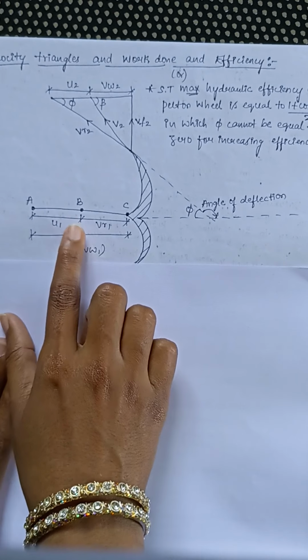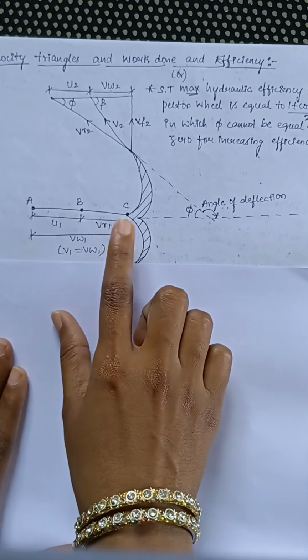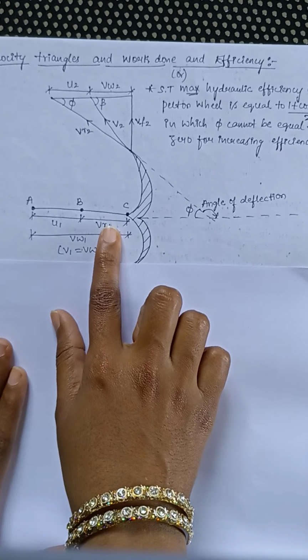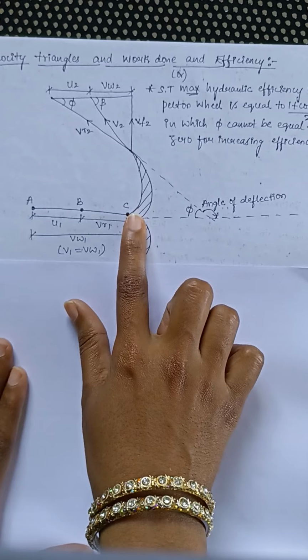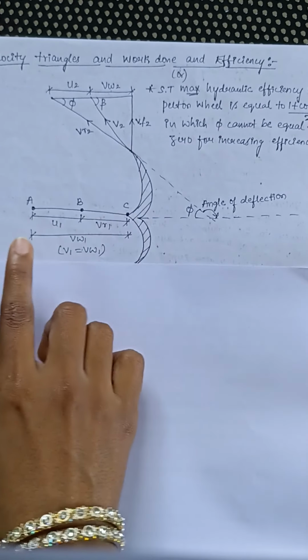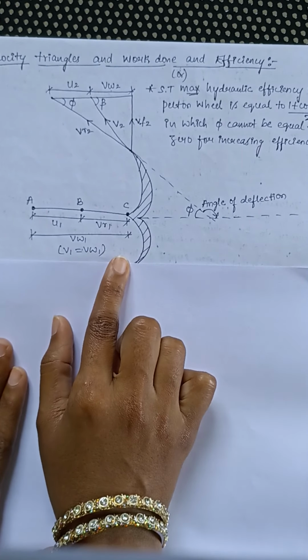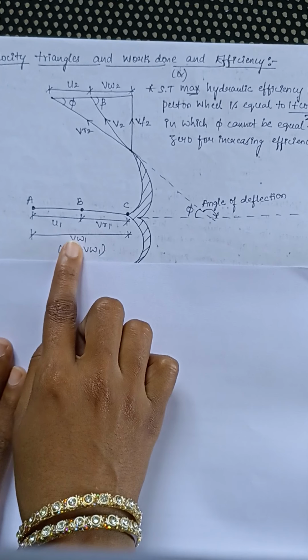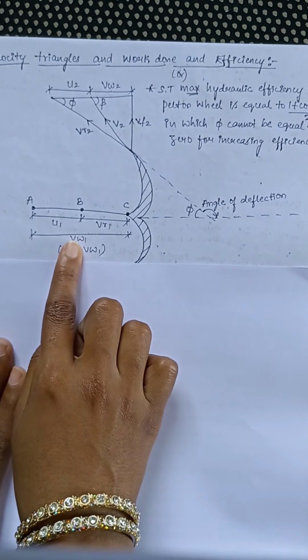So here u1 represents the velocity of the wheel at which it is moving. Vr1 represents the relative velocity of the jet which exactly hits the splitter point. And then V1 represents the absolute velocity of the jet. Similarly, Vw1 represents the velocity of the whirl at the inlet of the jet.